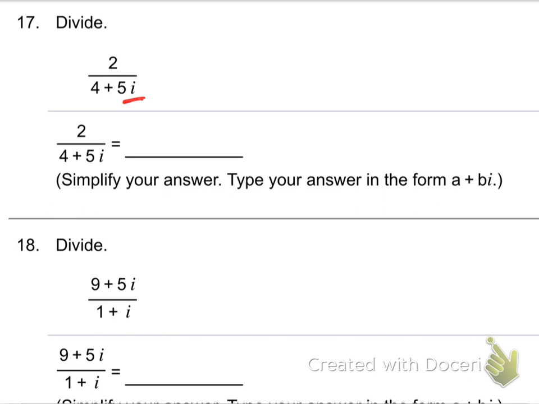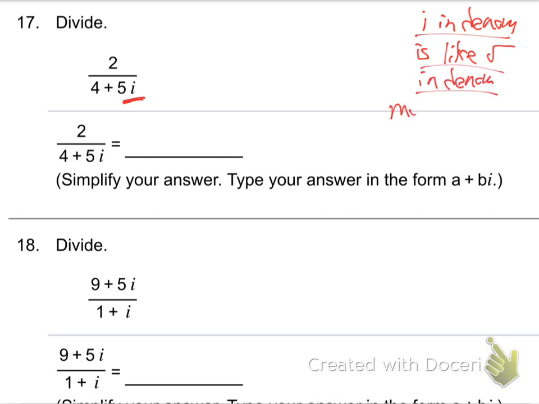So number 17, notice we have an i in the denominator. Now, how do we handle an i in a denominator? Well, let me write it over here. An i in a denominator is like a root in the denominator. You multiply top and bottom by the conjugate.